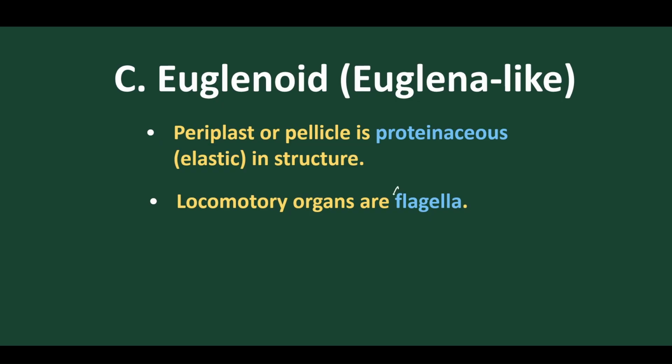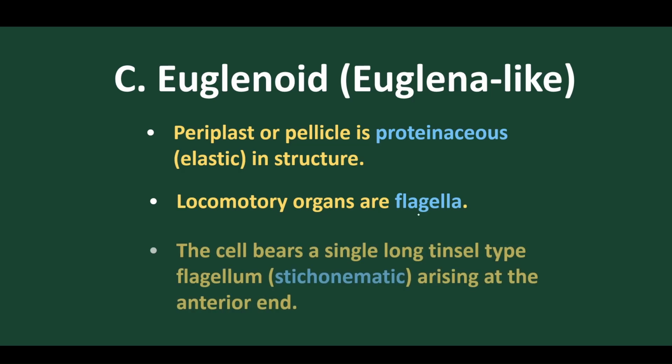The locomotor organ is the flagellum. Yes, they do contain flagella, and flagella are the main locomotor organs. The cell bears a long flagellum, which is tinsel-less, arising at the anterior end, and a short flagellum. Suppose this is the body of Euglena.